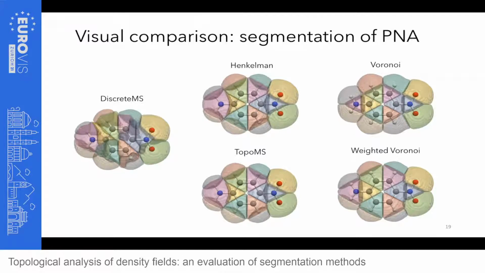For Voronoi based approaches, the separation boundary is very planar, and the weighted Voronoi approach is closer to the numerical segmentation approaches, but there is still a difference, especially at the carbon-nitrogen bonds.